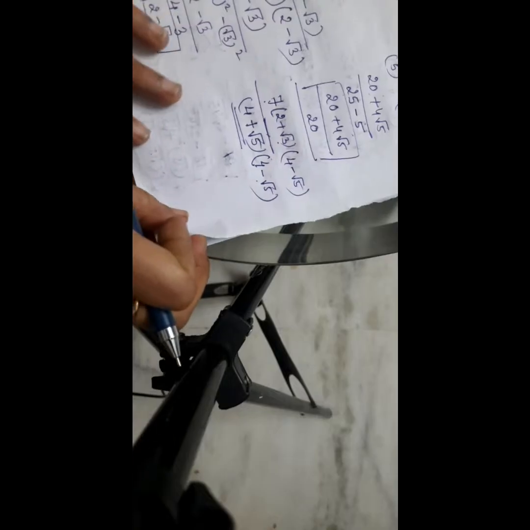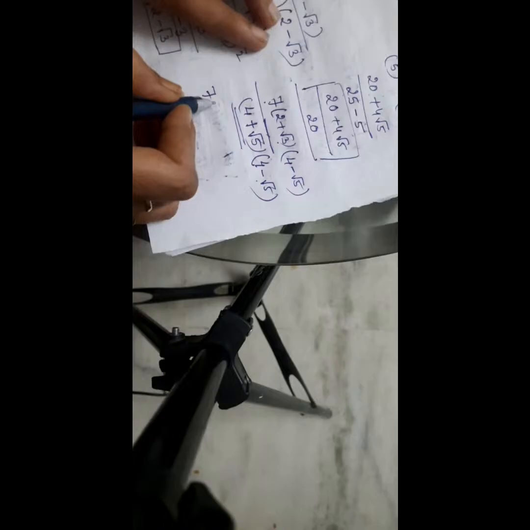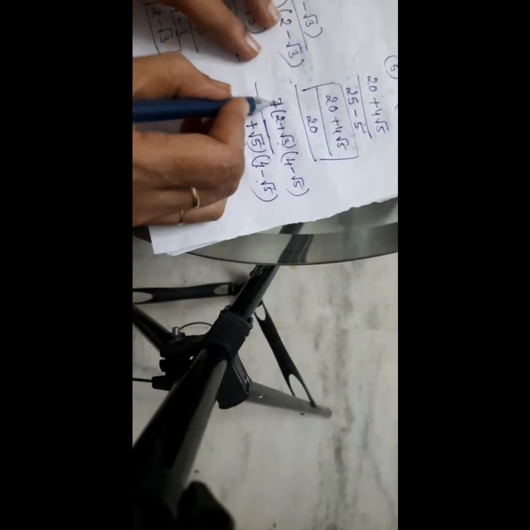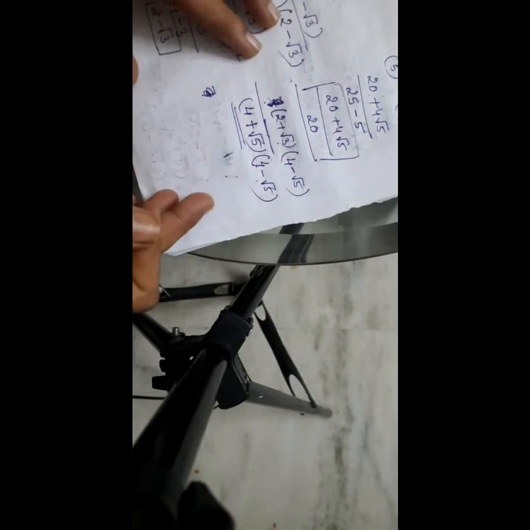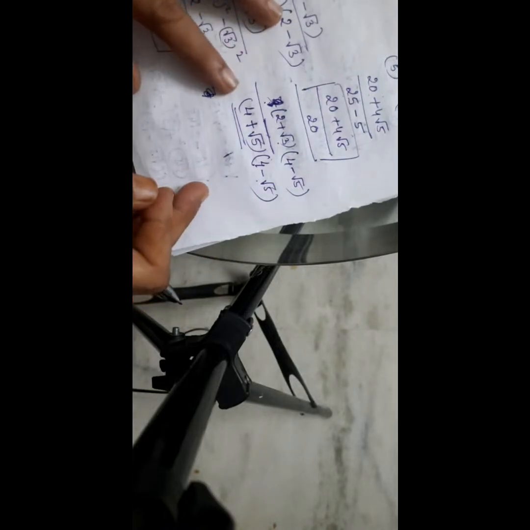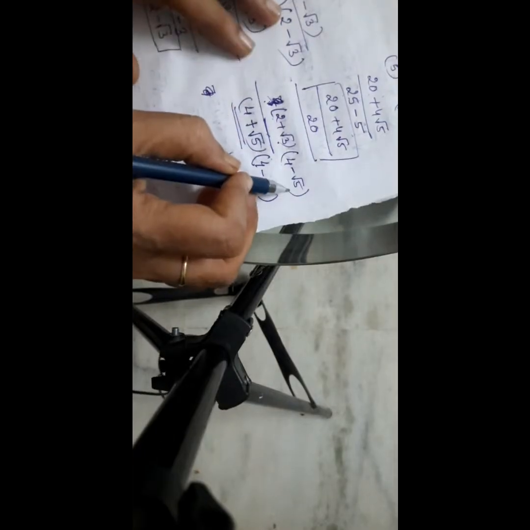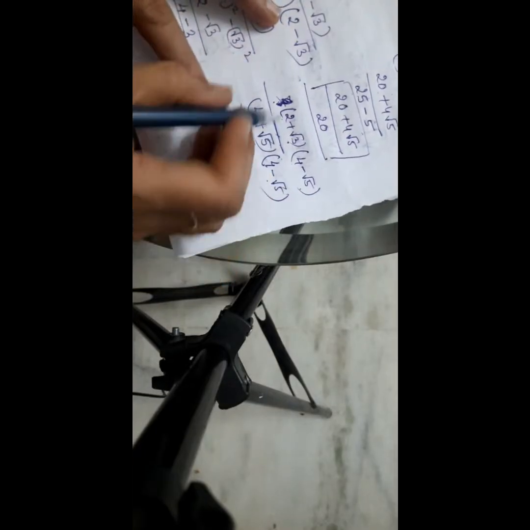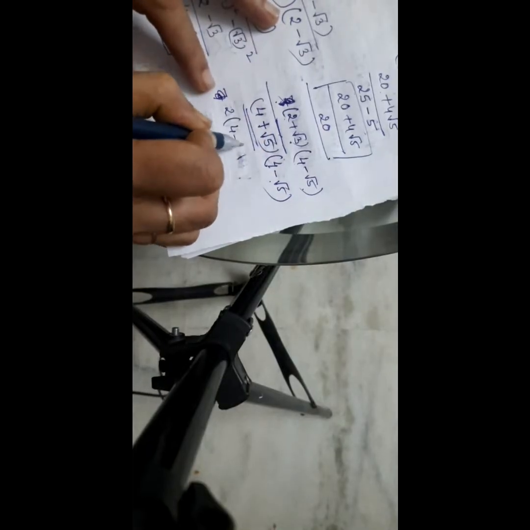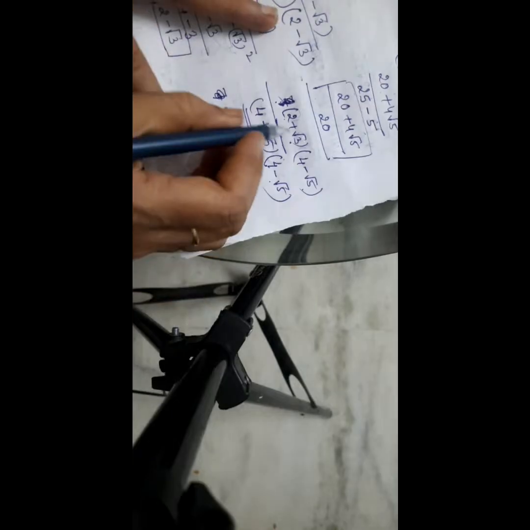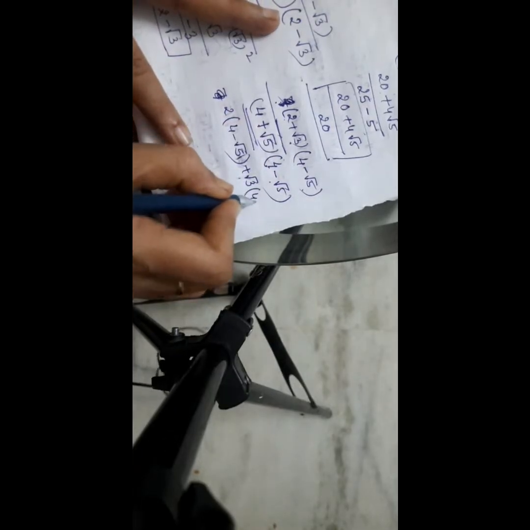Now what are we going to do? Leave the 7, don't get confused with that. Let the 7 not be there, only with 2 terms first we will learn. Then I'll make it much more complicated by adding one more number. So here 2 plus root 3 is there, 4 minus root 5 is there. How are you going to multiply it? The first number is to be taken first, then the whole bracket. Second one, again the second number, and the whole bracket.